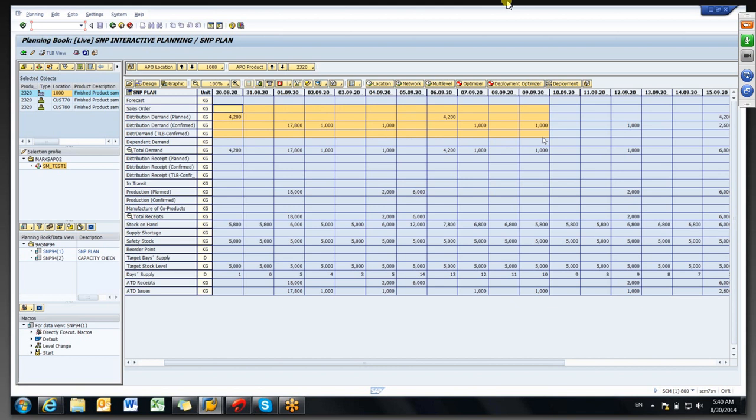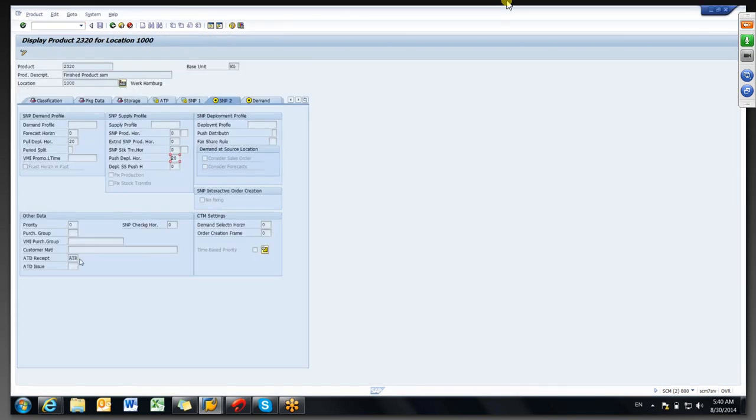That we'll discuss. And in the ATD receipts, we are defining categories. These are categories which we use for confirming the demand. So all the receipts categories we should include in the ATD receipts and assign here. Then run the deployment.